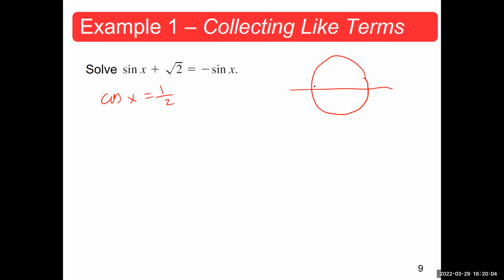Sine, cosine, this is 0. This is pi over 2, pi, 3 pi over 2 as an angle. That's 2 pi here. What is the angle? If you go back to that circle again, cosine equals half, if you calculate, it's going to be pi over 3.